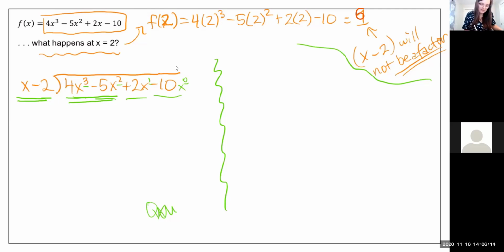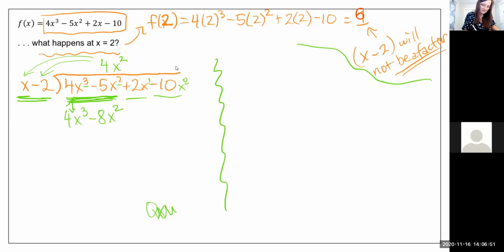X minus 2, you're trying to make sure that that first term aligns. So you're going to multiply by 4x squared. Because when you go 4x squared times these two, you're going to have 4x cubed minus 8x squared.